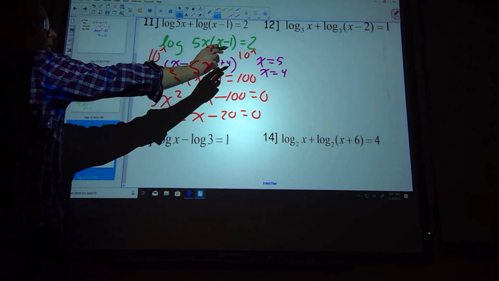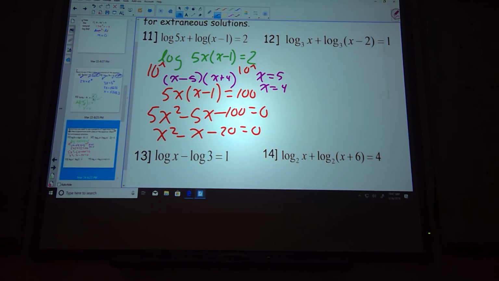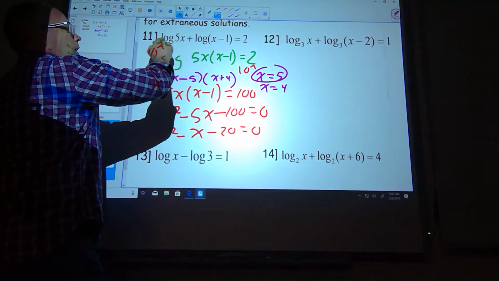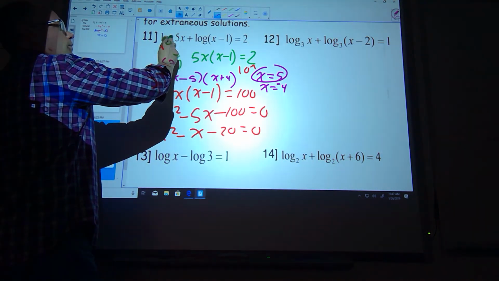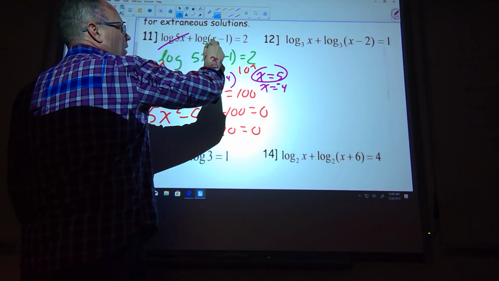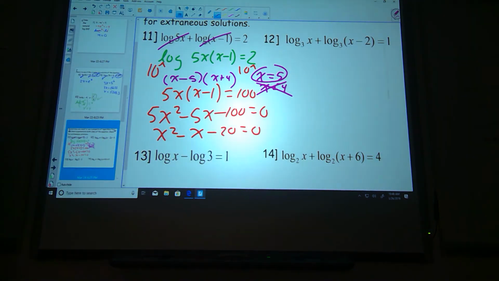No. Which one of those would make my original have a log of a negative number? Would 5? 5 times 5 is 25. That works. 5 minus 1 is 4. So the 5 works on both. If I take the 4 and plug it in, whoops, that should be a negative 4, excuse me. 5 times negative 4 is negative 20. It doesn't work there. And log of a negative doesn't work. That's an extraneous solution. So I have a solution only of 5.